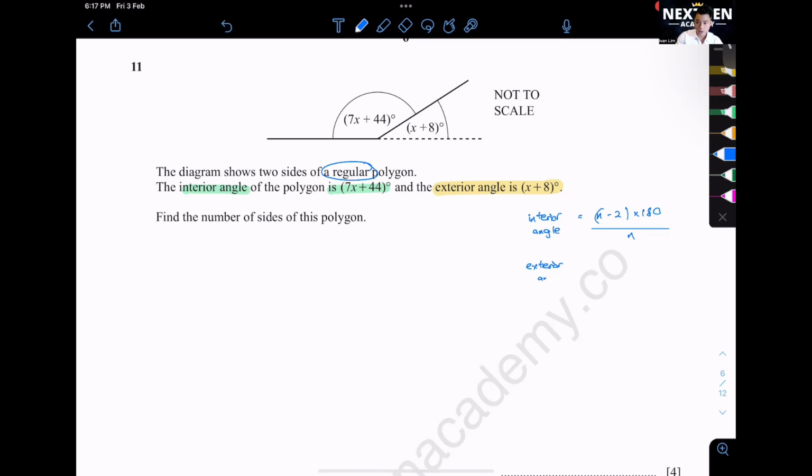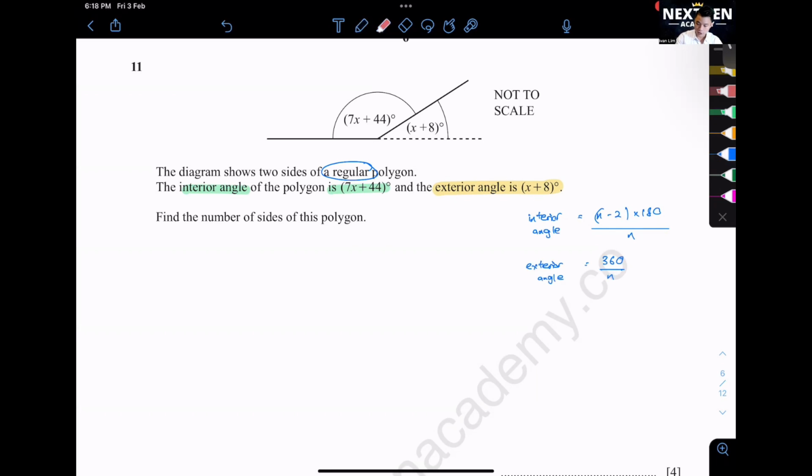Exterior angle. What's the formula? 360 divided by n. Divided by number of sides, correct. Any more formula that we need to know for polygon? Just know these main two first.